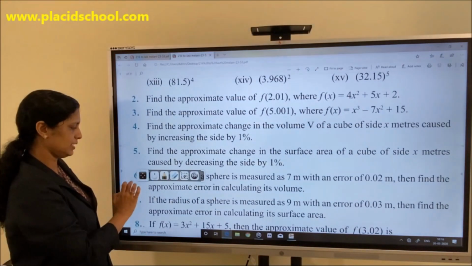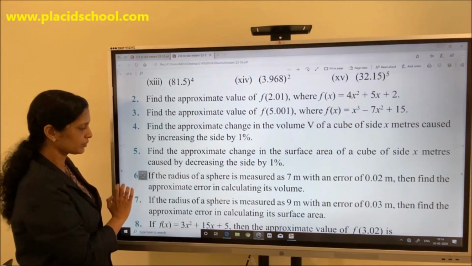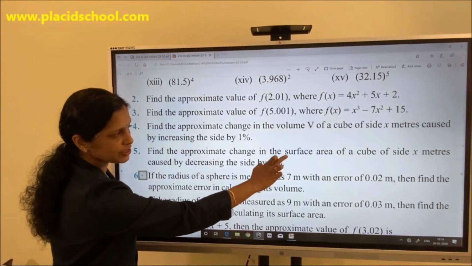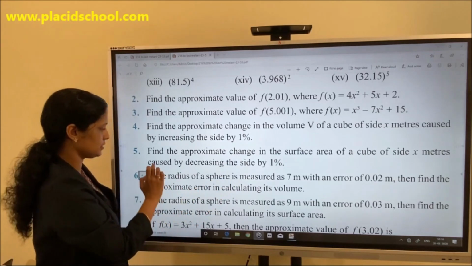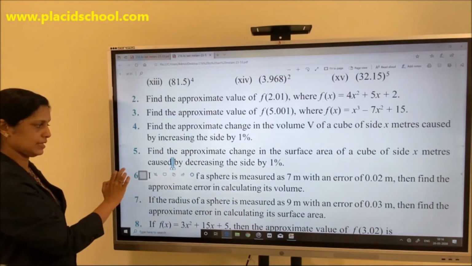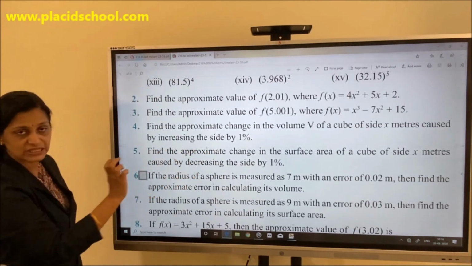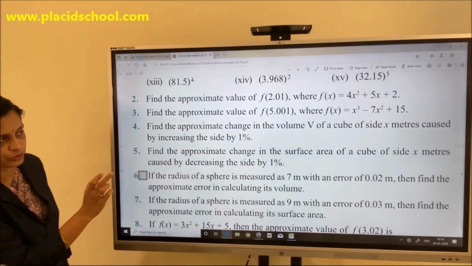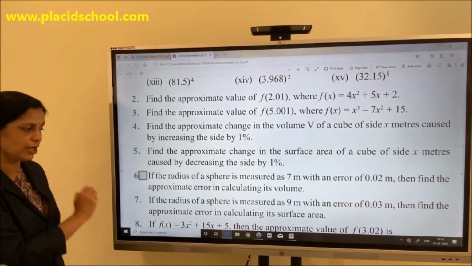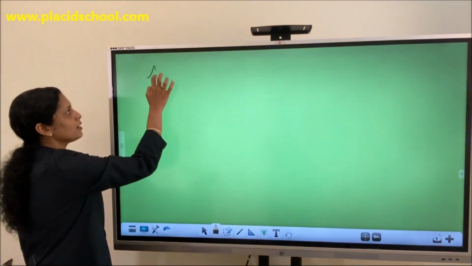The next question is, find the approximate change in the surface area of a cube of side x meters caused by decreasing the side by 1%.